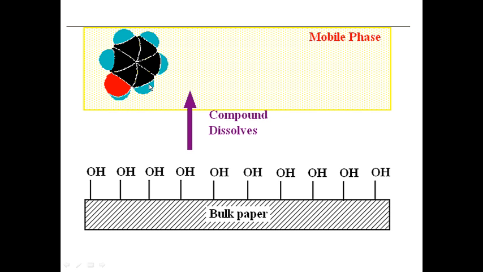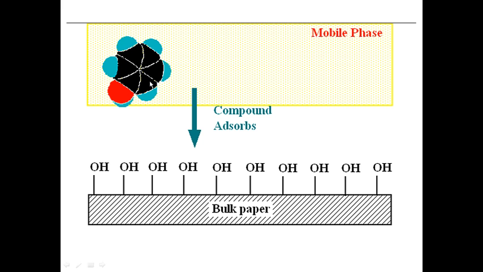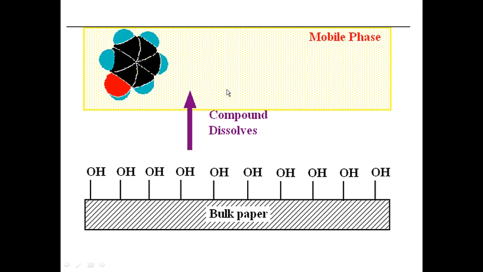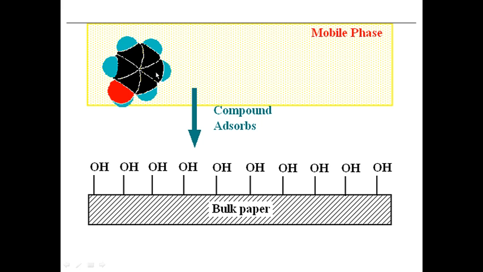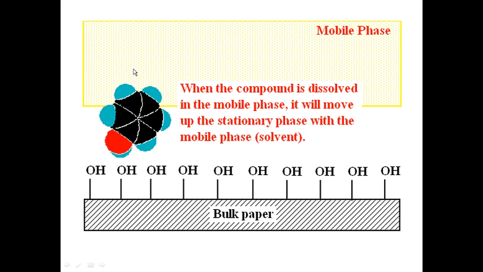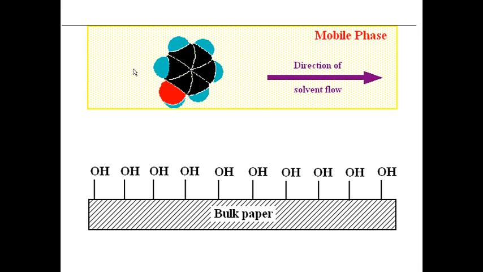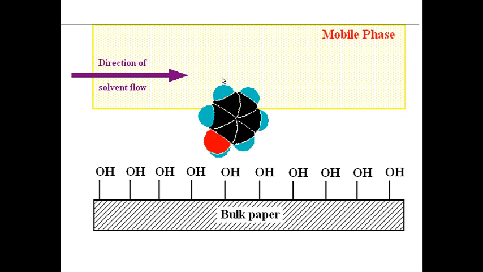When it dissolves in the mobile phase, it will then move with the mobile phase. So the equilibrium here is either being in the mobile phase or being adsorbed onto the surface. When it's dissolved in the mobile phase, it will move up the plate. When it's adsorbed onto the surface, it won't.